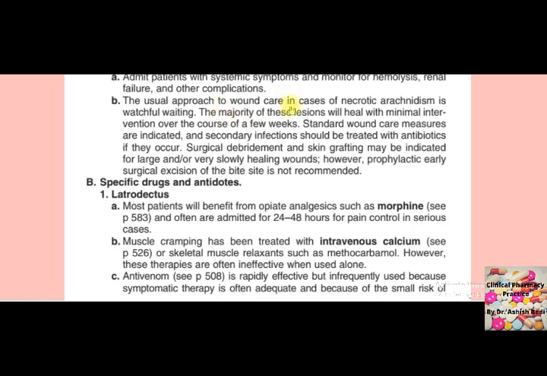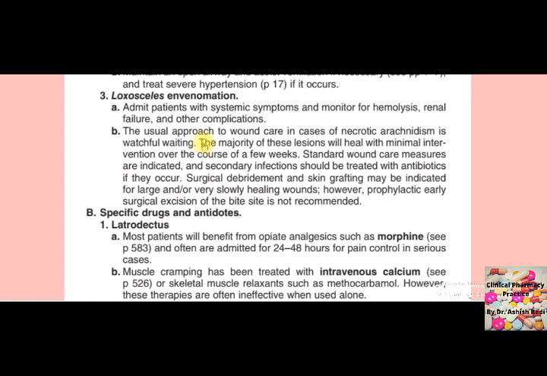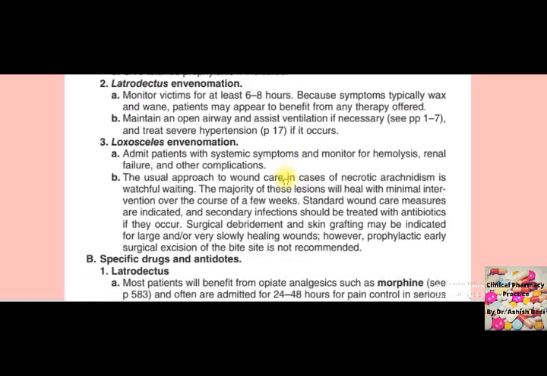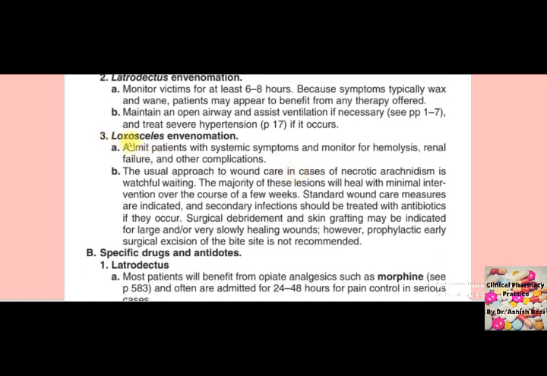The usual approach to wound care in necrotic arachnidism, which, as you already know, is a slowly healing ulcer caused by the bite of Loxosceles, is watchful waiting. You have to watch it so that you can understand whether the envenomation is by Loxosceles or Latrodectus. The classical sign of Loxosceles envenomation is necrotic arachnidism.